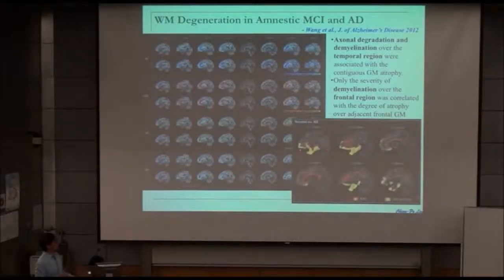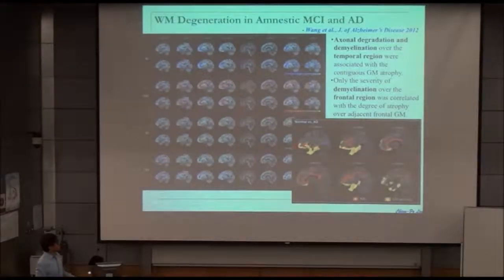When we combine both methods, the red region is the diffusion measurement and the yellow region is the structural measurement. We can notice that the changes differ across regions, and the underlying axon degeneration or parameter change is also different in different brain regions.